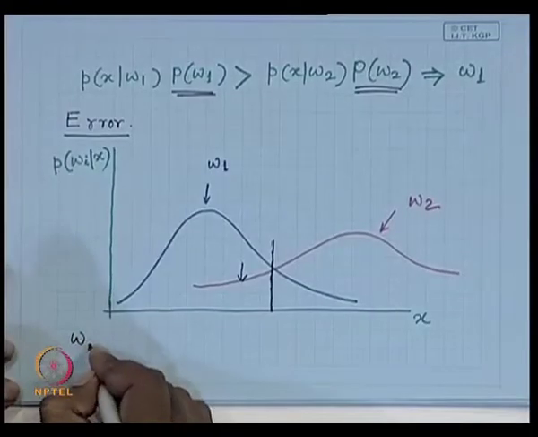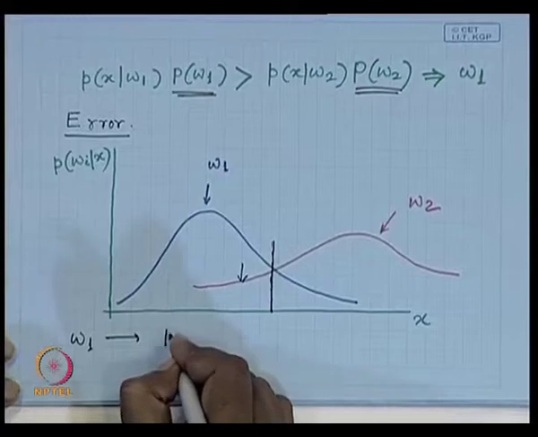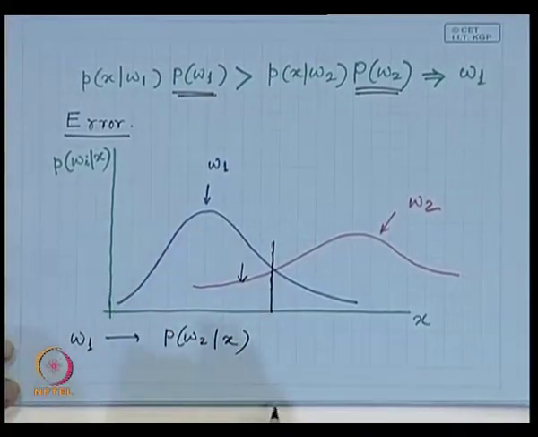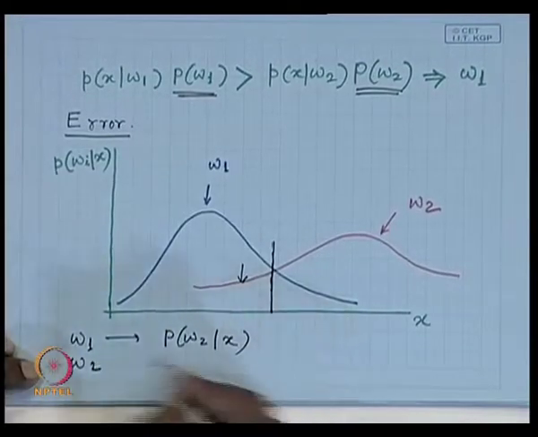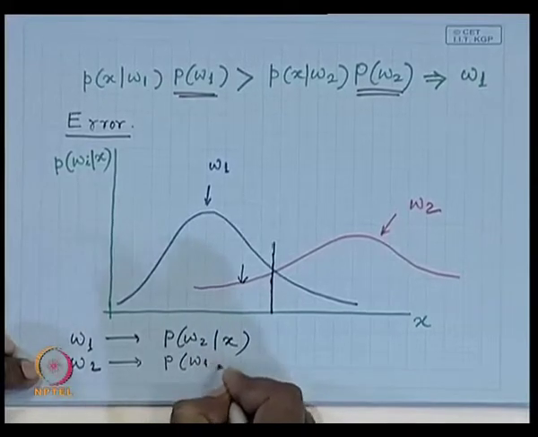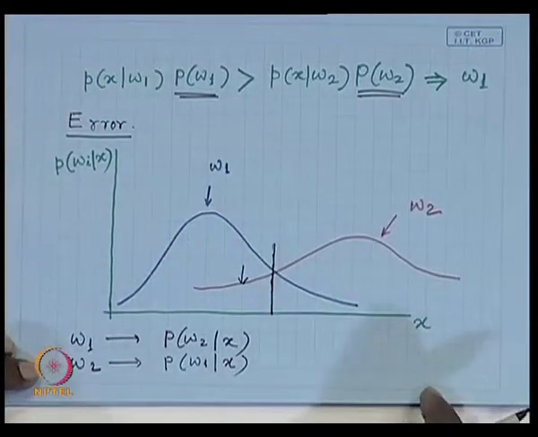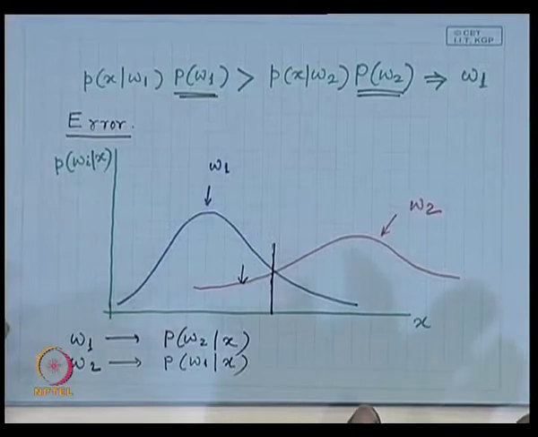Okay. So, it is very simple: if I decide in favor of omega 1, then the error probability is p of omega 2 given x. Whereas, if I decide in favor of omega 2, then the probability of error is p of omega 1 given x. But whatever is the probability of error, that is the minimum possible error that I can have, is it not?